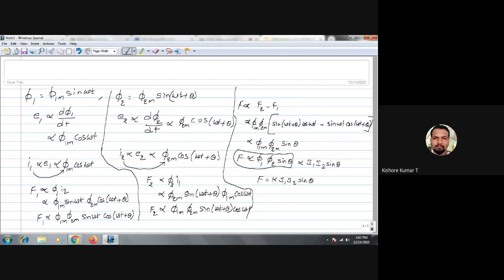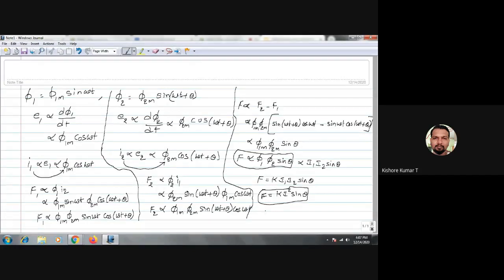If the same magnetic flux is developing the two currents, then instead of taking I1 and I2, you may simply consider I. I into I, you will get I square sin theta. So these are the expressions for force which is set up on the disk.